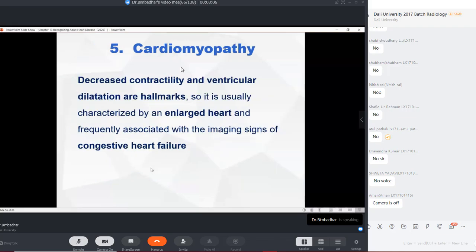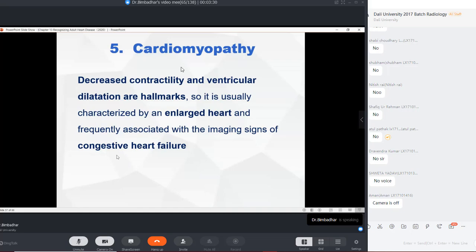Decreased contractility and ventricular dilatation are the hallmarks of the physiological mechanisms here. It is usually characterized by an enlarged heart and frequently associated with imaging signs of congestive heart failure. Yes, so the appearance of a gross cardiomegaly should be there.